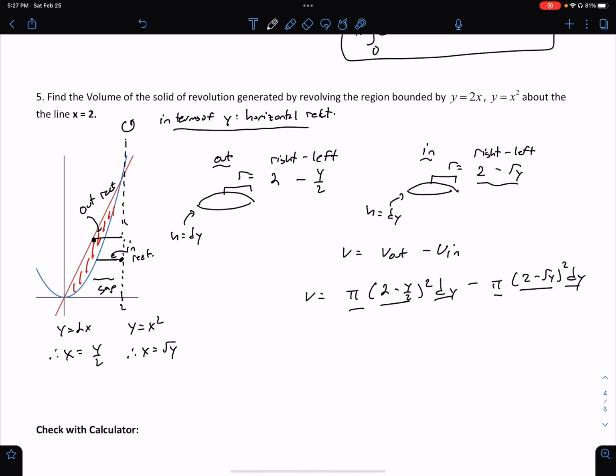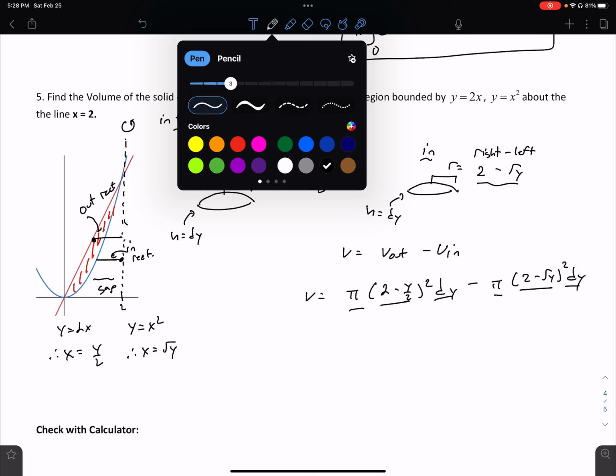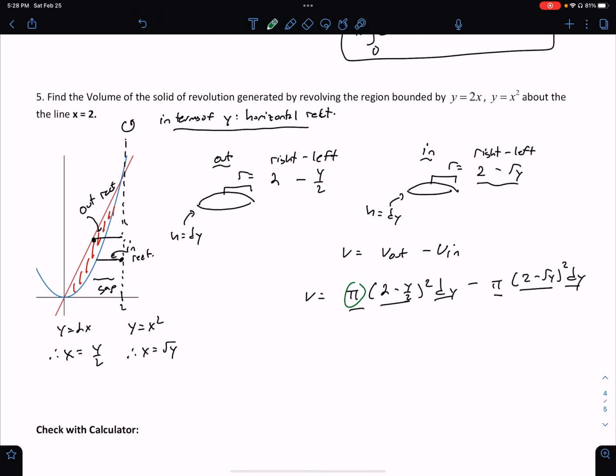Same thing. Now, remember, I do have a common variable. They both have a pi, and they both have this dy right there. So I can factor those out if I wanted to. And I'm going to go and do that. Makes it easier to type in. This now becomes the integral of (2 minus y over 2) squared minus (2 minus root y) squared dy.